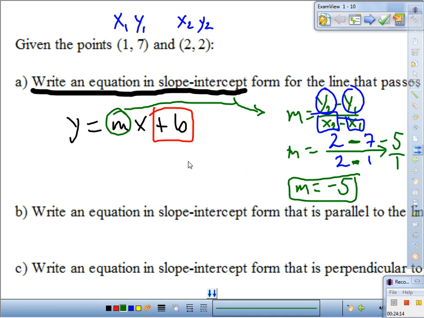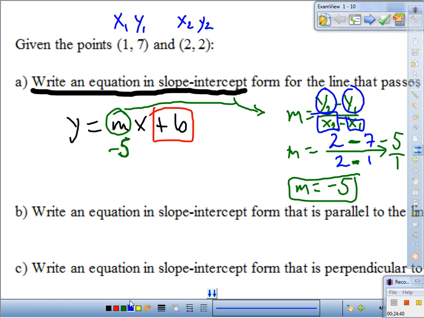What do we do with that? We substitute that underneath here, the m, so we write negative 5. Well, now we need a b. Do we have a b? No. But what other values do they give us that we can use? Tell your neighbor, please. What can we use? We can use an x and a y value.